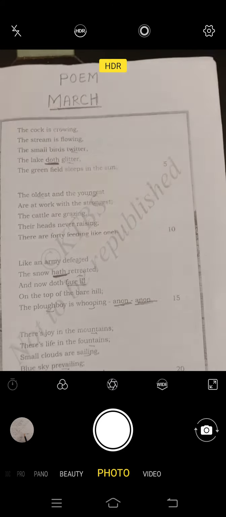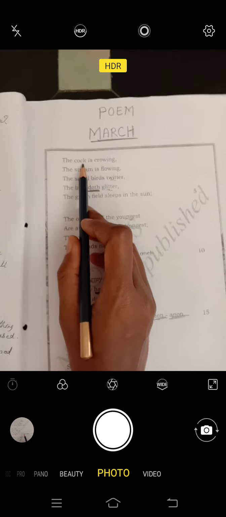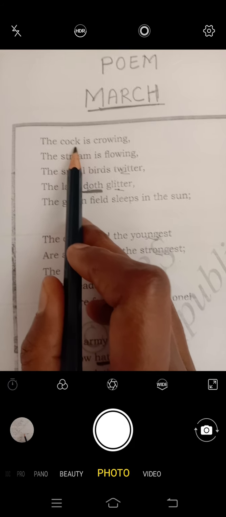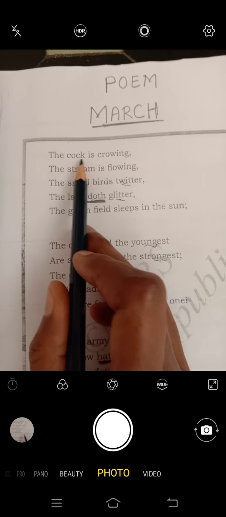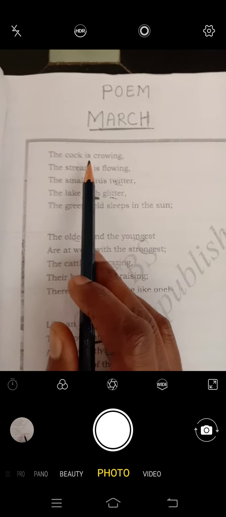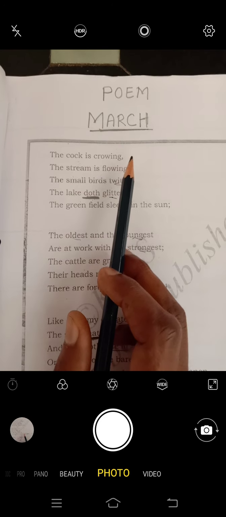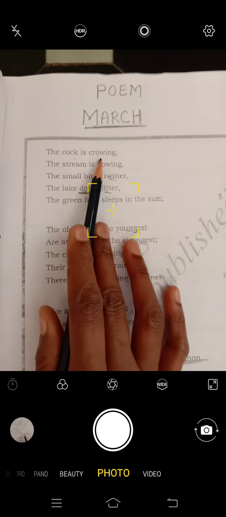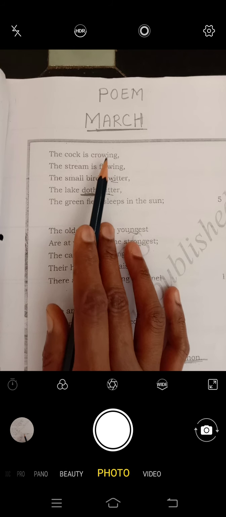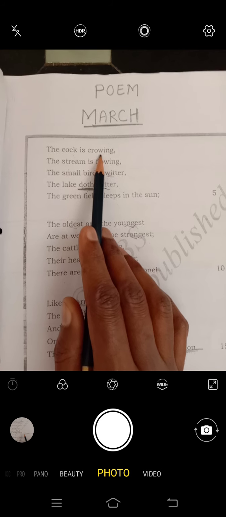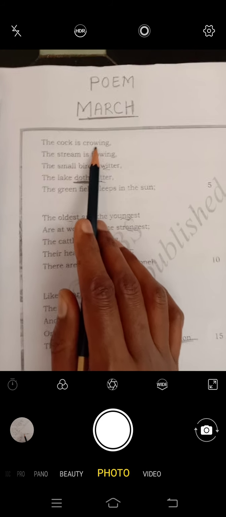So we see that the day begins with the sound of a cock. The crow of the cock indicates a new day rising. This crowing of a cock indicates the rise of a new day.